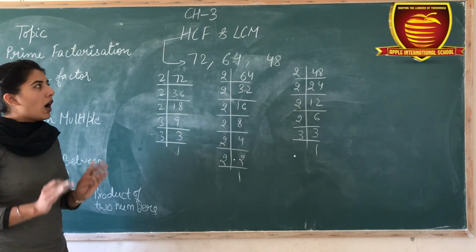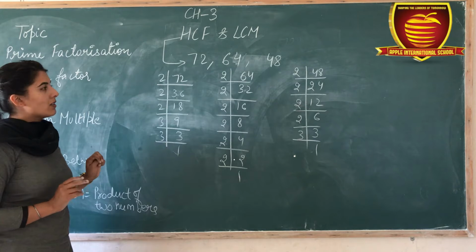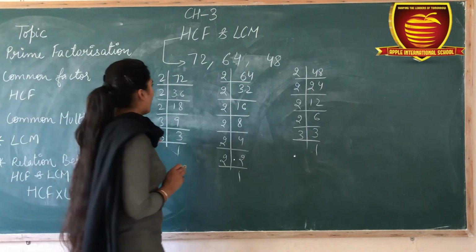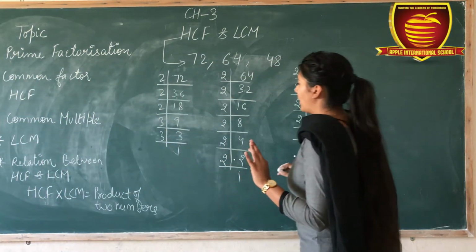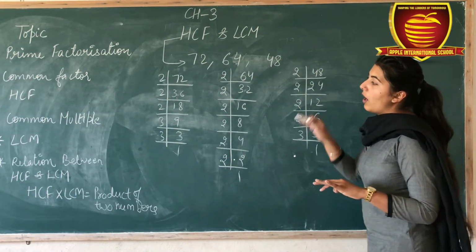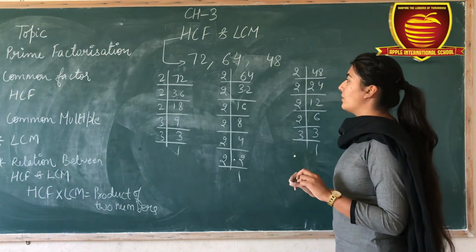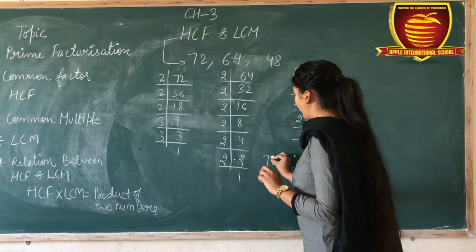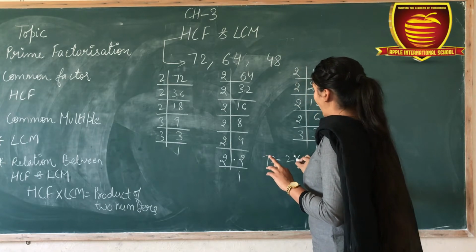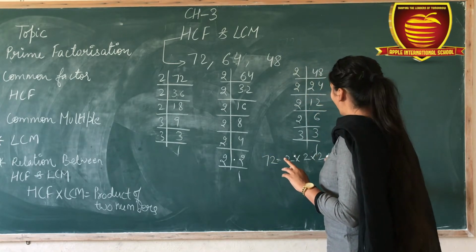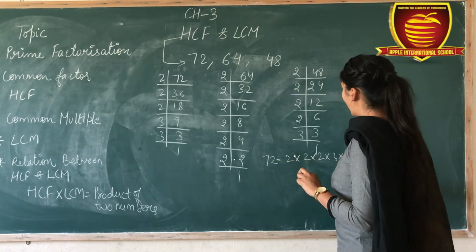Now how do we find out the highest common factor? Firstly, you have to write down all the factors of these numbers. For 72: 2 into 2 into 2 into 3 into 3.